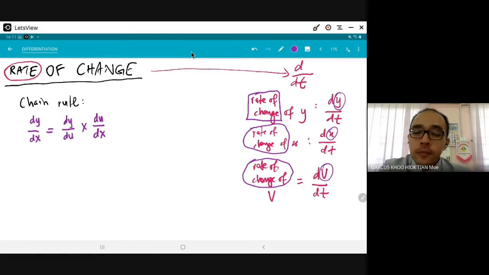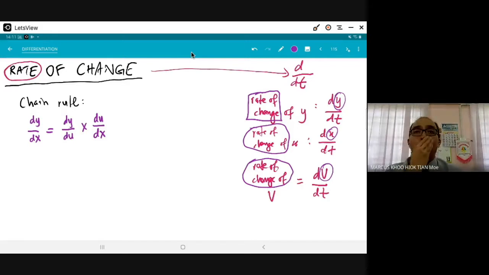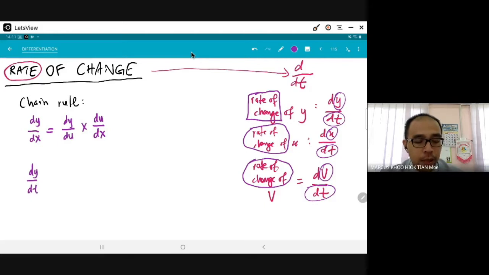Okay, so let's say, since I'm talking about the rate of change kan, saya mau dt lah kan. Let's say, how would I formulate a chain rule that has dy dt? Dan saya mau guna 3 huruf ini, x, y, and t. How would the chain rule look like?